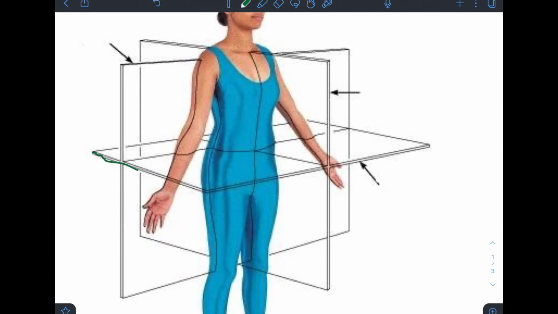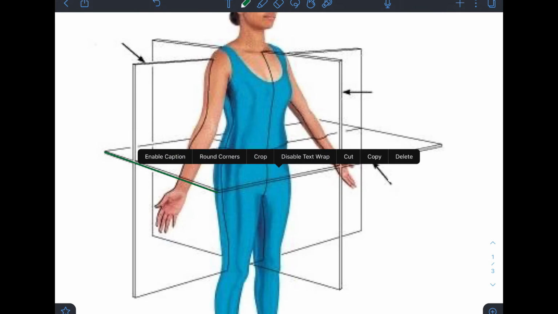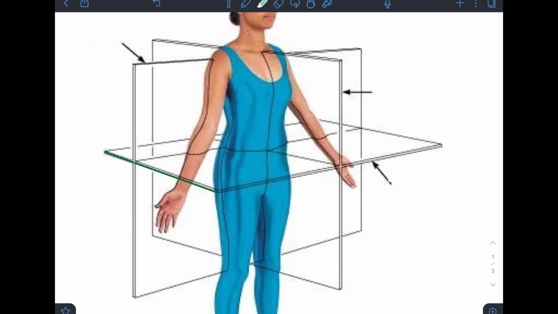It might be a little bit hard to visualize it from the picture, so I'm just going to try to highlight it and see if that will work better. So we have one plane here. I know it's not doing such a great job of highlighting right now. The plane that I'm referring to is the one that I just highlighted, and I'll highlight the other ones in different colors. This term is going to be called the transverse plane.